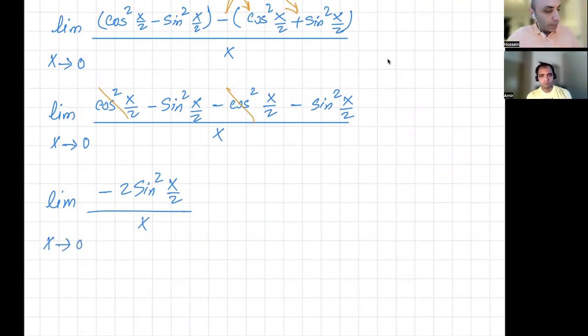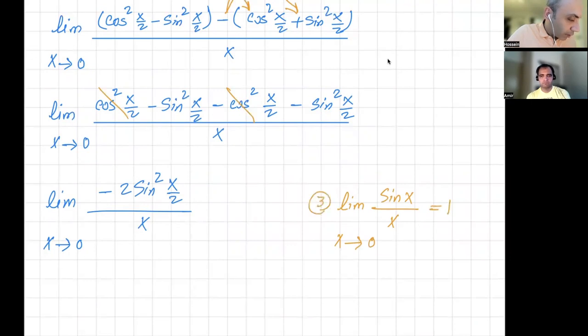And then we have a rule. I'm not going to get into proving that, but I'm going to use it here. The rule that we have in limits is this one: limit of sine of x divided by x when x is approaching 0 is equal to 1.